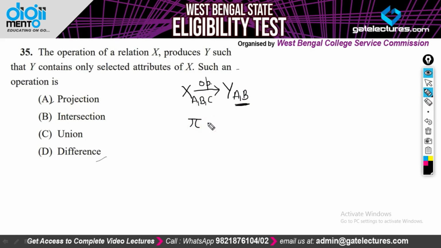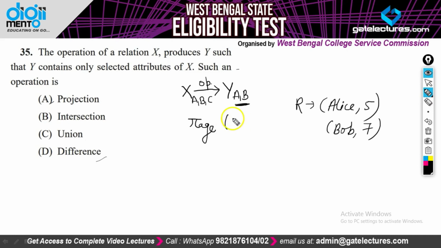Suppose I have my relational database which contains the values Alice age 5 and Bob age 7, and if I apply projection on age only, I want to know about the ages I have, so I'll get the output as 5 and 7. So it is only giving me 5 and 7. So yes, projection is the right option because I can drop attribute values over here.